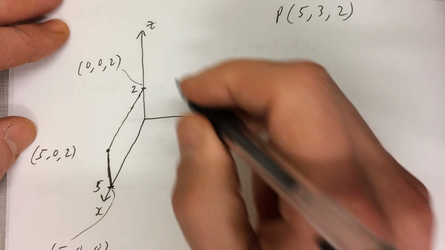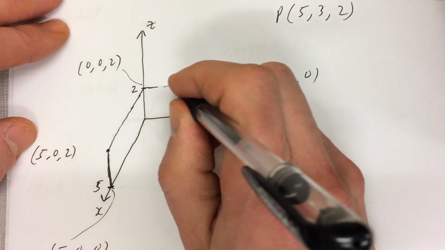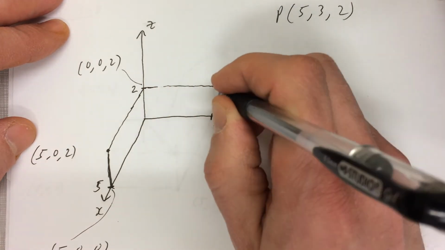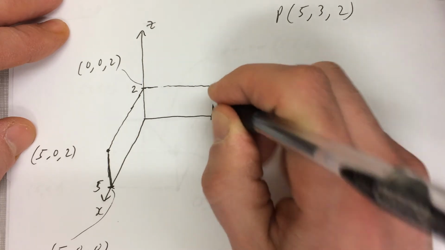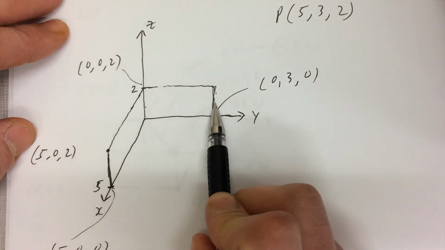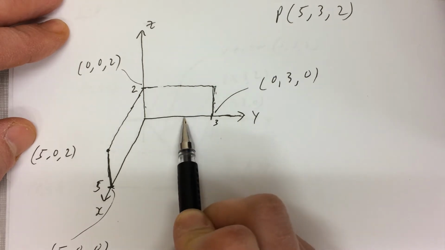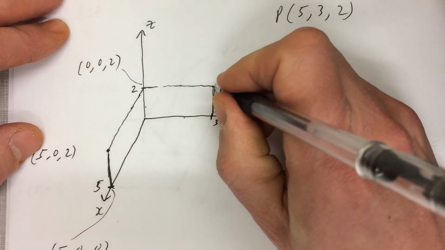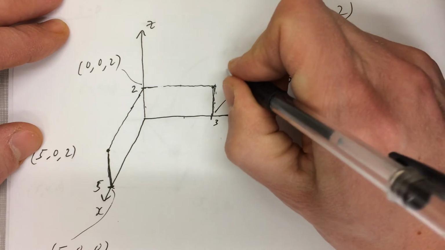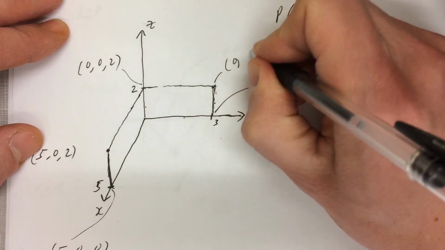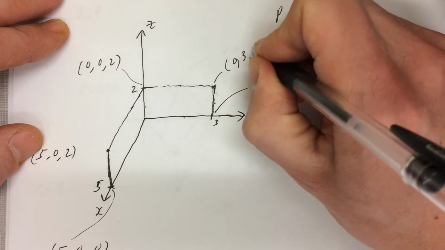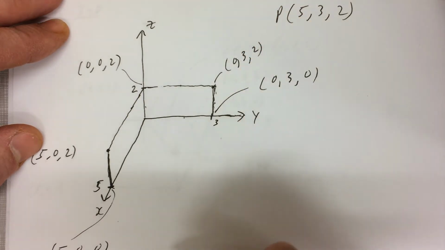Okay. So now we're going to go across here to the back of the rectangular prism. Go down. Okay, so this edge here is going to be parallel to this one here is parallel to that. Okay, and that point will be 0, 3, 2.